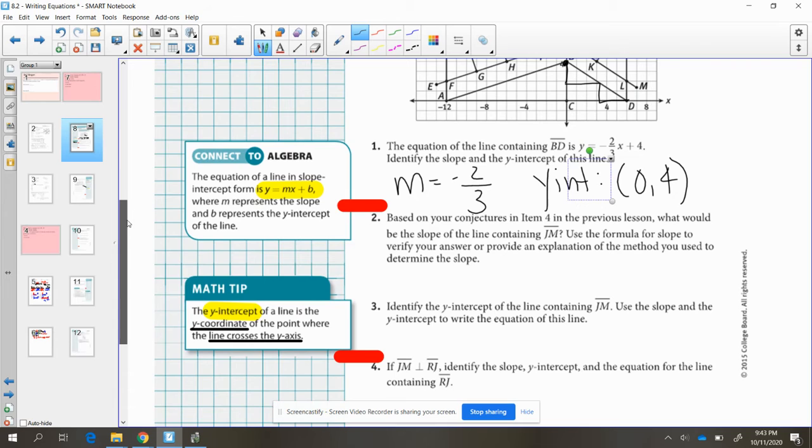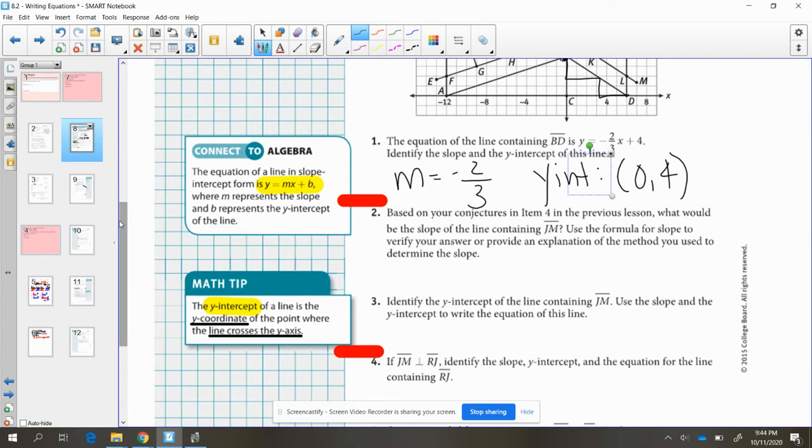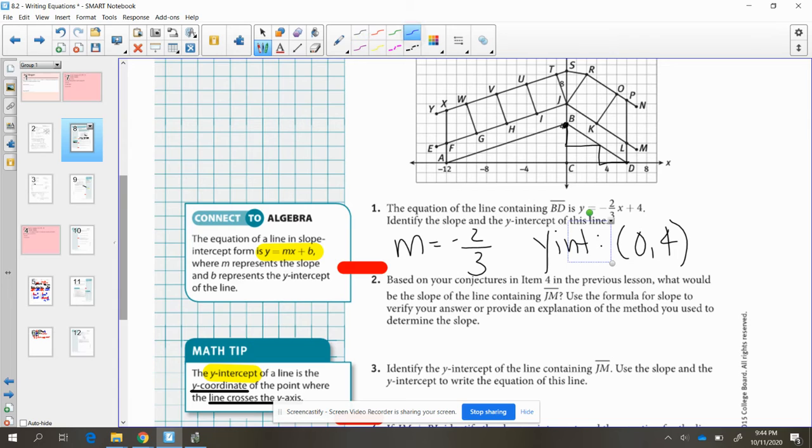Now, the next piece says, based on our conjectures from previous lesson, what do we think about line JM? Do we think it's going to be parallel, perpendicular, or neither to the line we have here? Well, just looking at JM, you're probably thinking, this looks pretty parallel to BD because they both seem to have that decreasing slope. They're not intersecting.